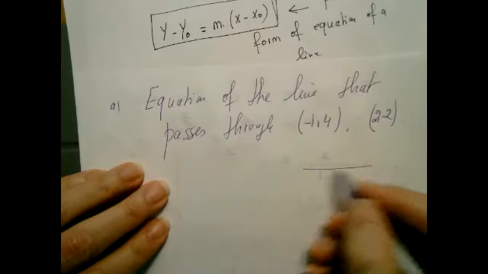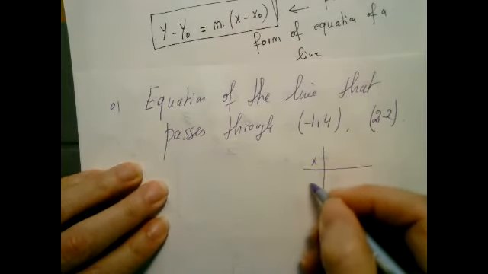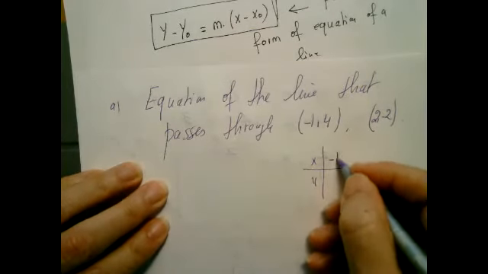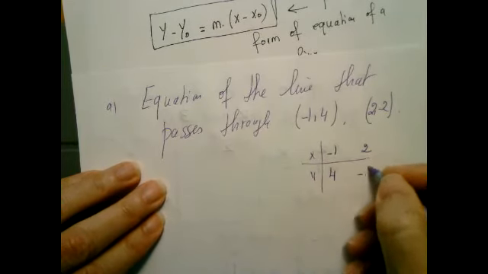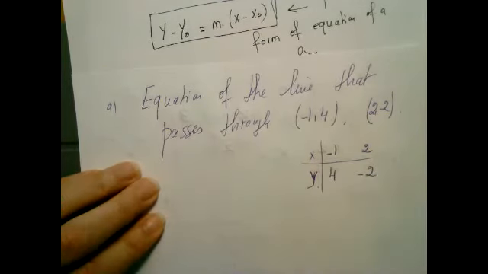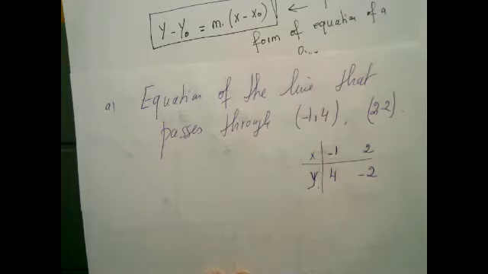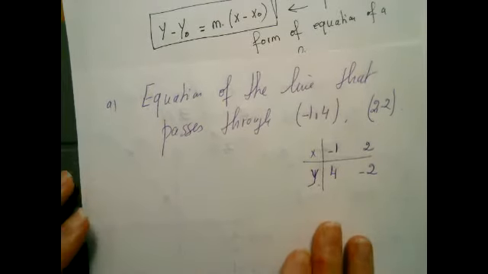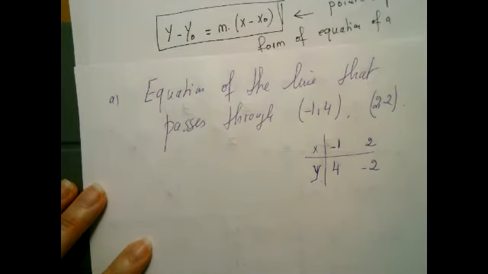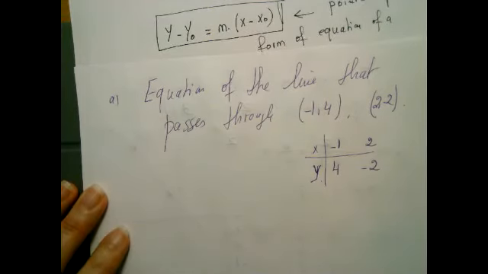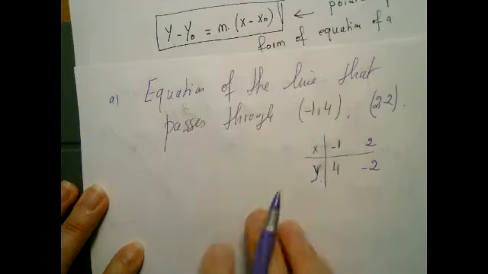So let us put them here. I want to find the equation using verbatim the point slope form. And then you write it in the format you know, mx plus b. But the point slope form is the form I want you to use.